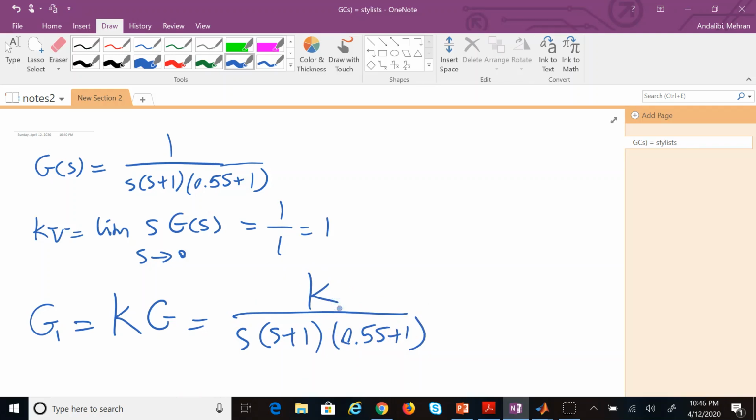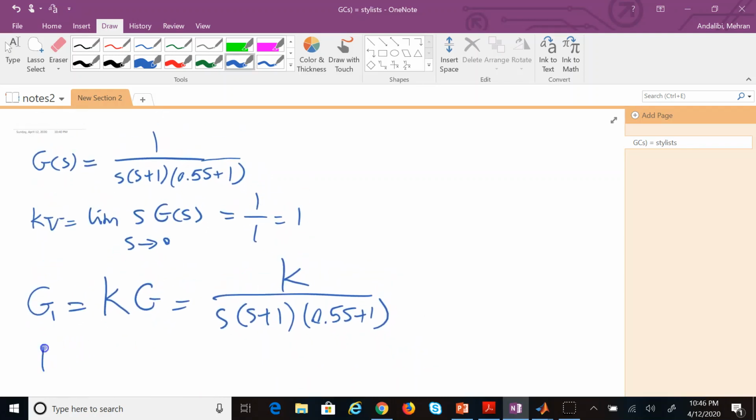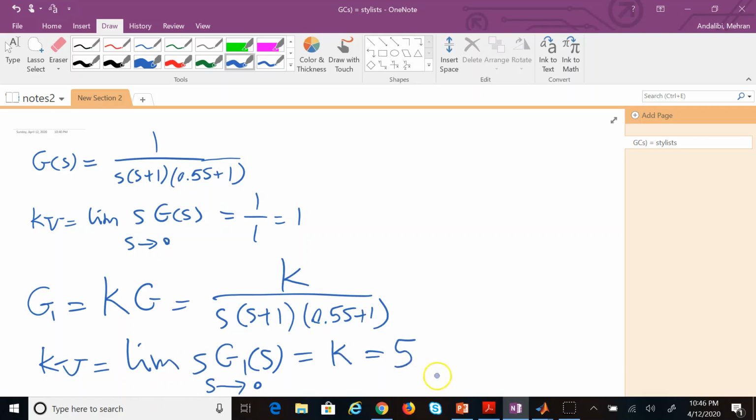If you calculate Kv for this system, which is the original one plus a compensator that is only a gain, you see it is going to be equal to K, and this should be 5. Therefore, you choose your compensator gain K to be 5. That will take care of the steady state error.